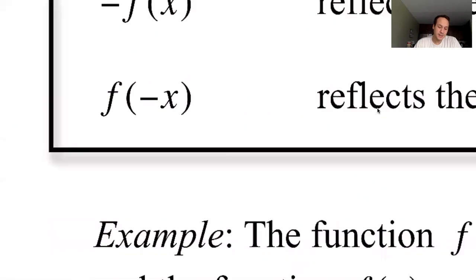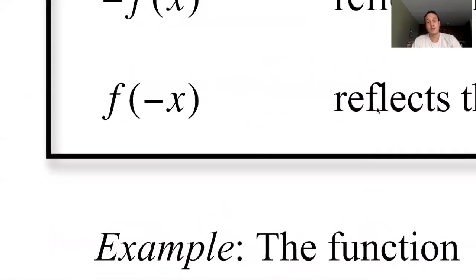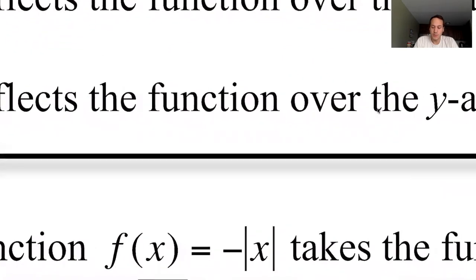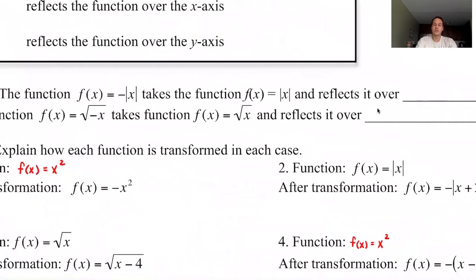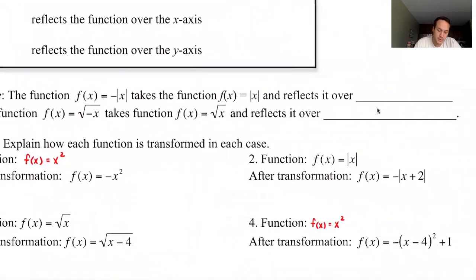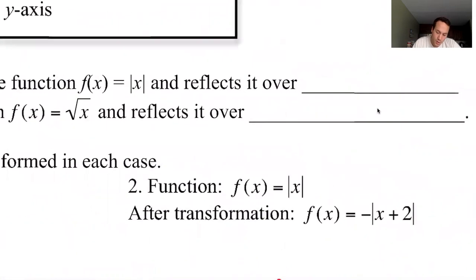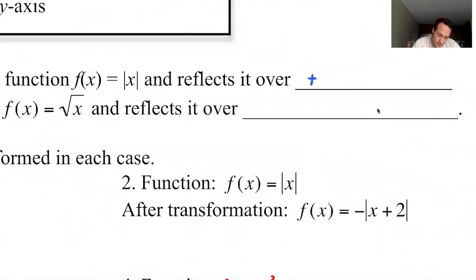If the negative is on the inside of parentheses, and remember, when we say the inside, we mean inside of parentheses, inside of absolute value brackets, or inside of the square root symbol, those are going to be reflections over the y-axis, okay? So if I had f of x equals negative absolute value of x, I took the absolute value of x and I reflected that over the x-axis.